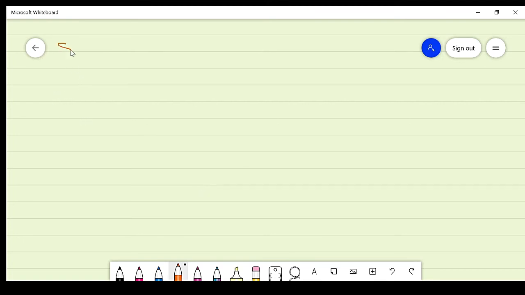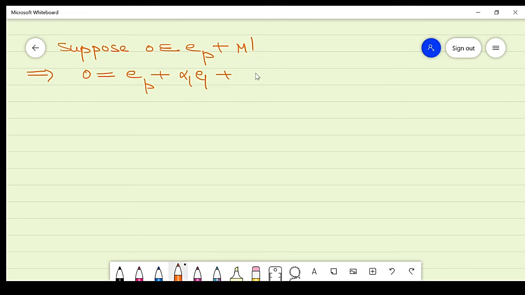Now suppose 0 belongs to Ep plus M dash, then it means 0 is equal to Ep plus alpha 1 E1 plus alpha 2 E2 plus and so on up to alpha p minus 1 E(p minus 1), right?